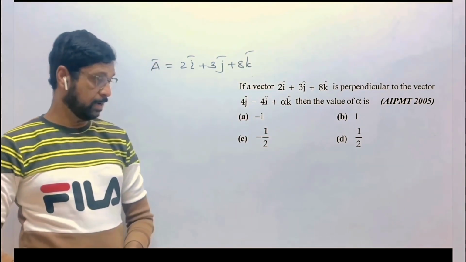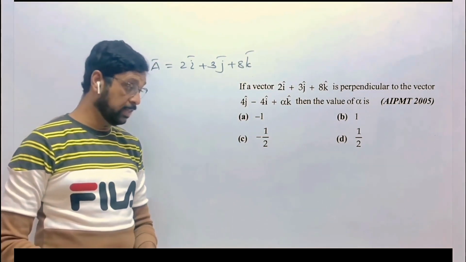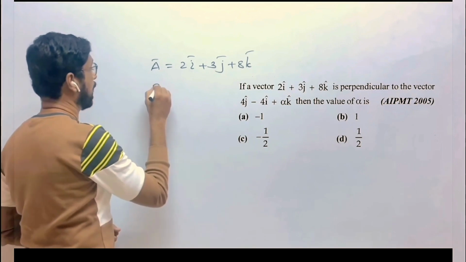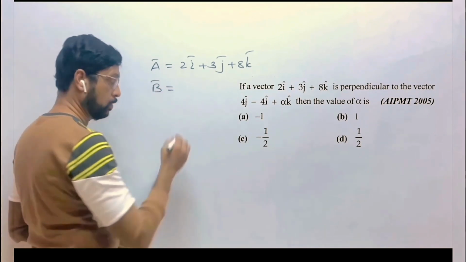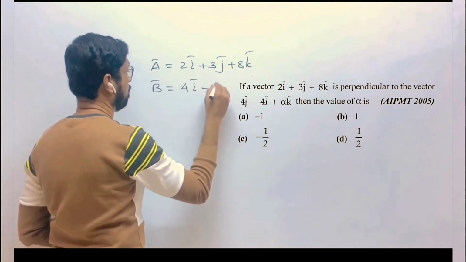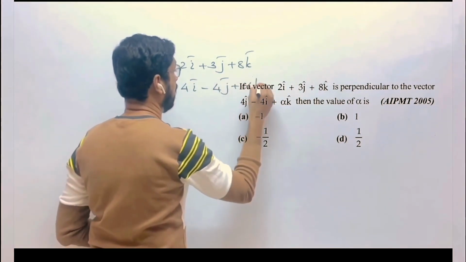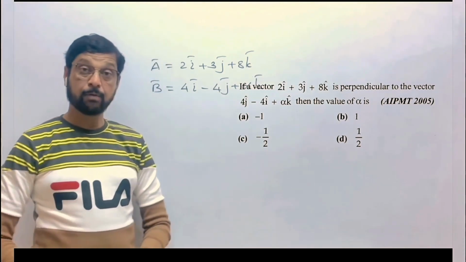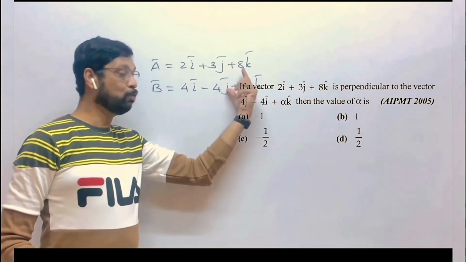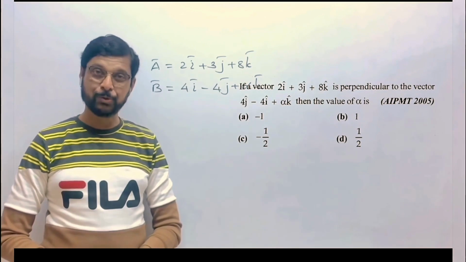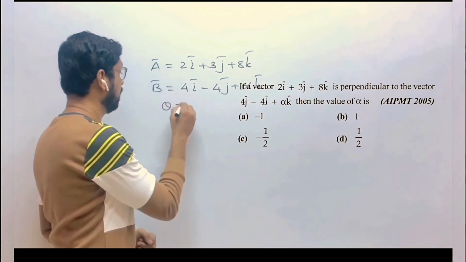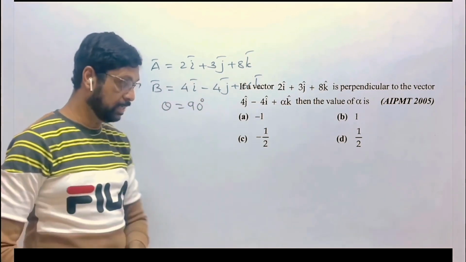This vector is perpendicular to another vector. उस वेक्टर का नाम हम देते हैं suppose B. So it is 4i minus 4j plus alpha k. And what is said? These two vectors are perpendicular to each other. Theta is equal to 90 degree.